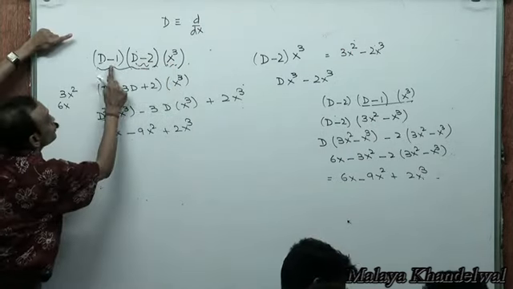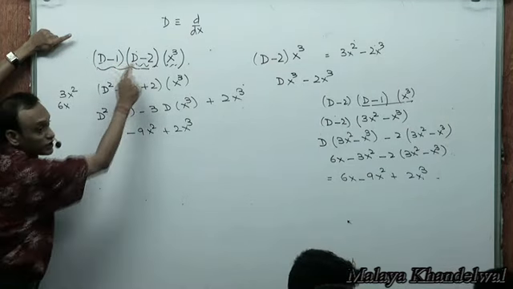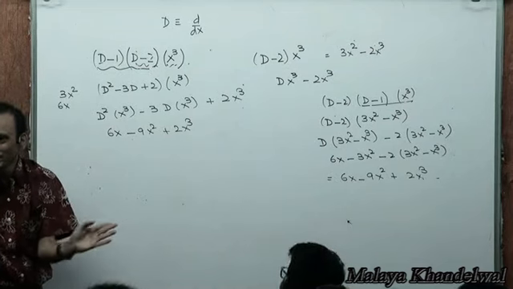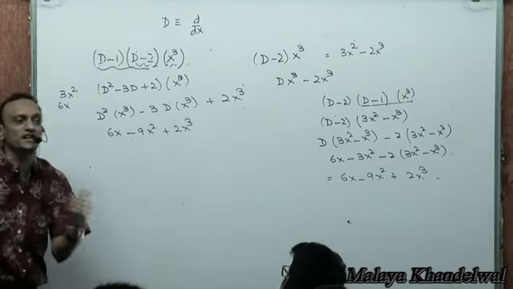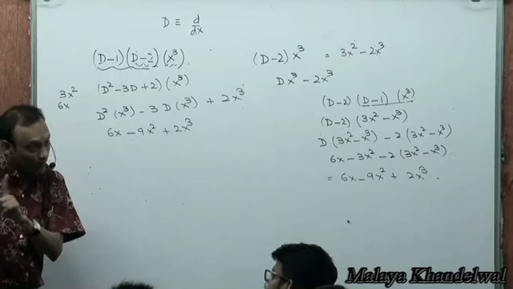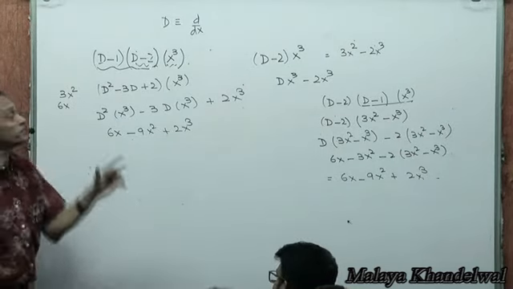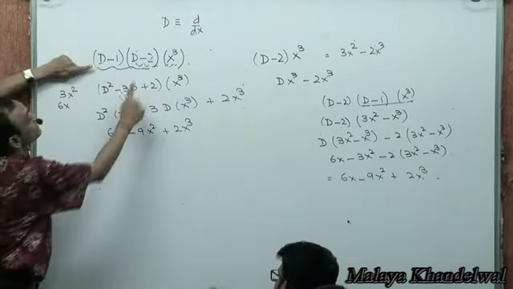So one, these operators are interchangeable. It does not matter which one acts first and which one acts later. Two, I can create a new operator which is just imagining this to be a product, and the output that it produces is going to be the same. Yes or no?